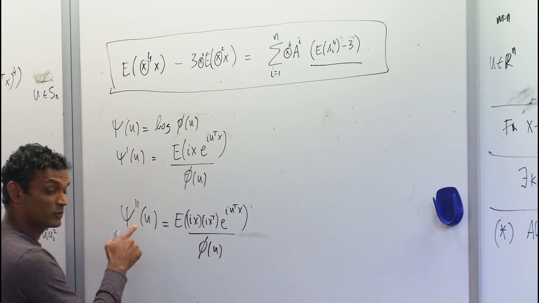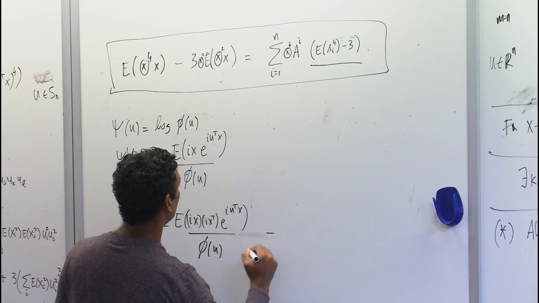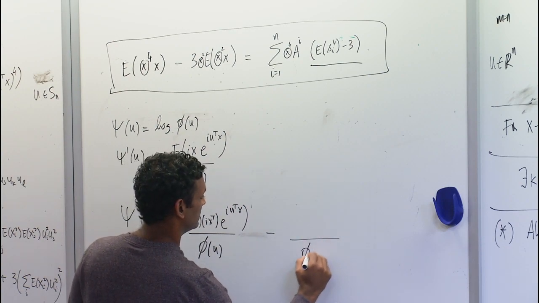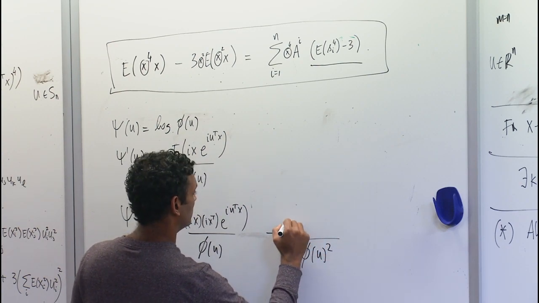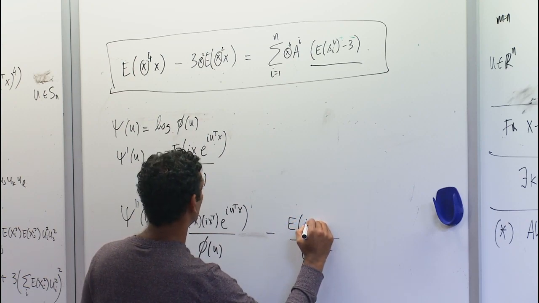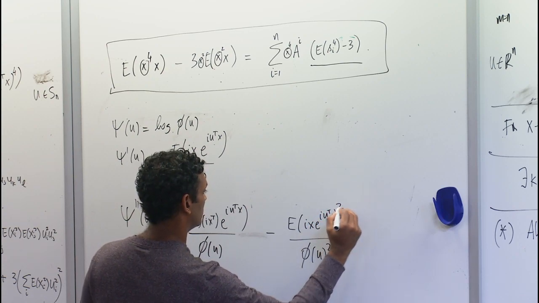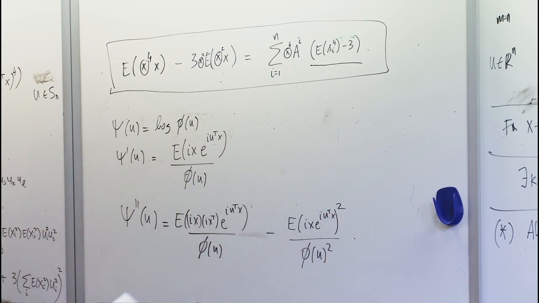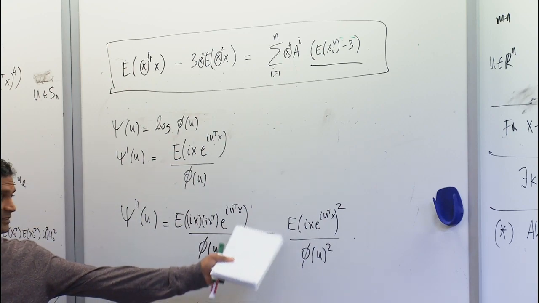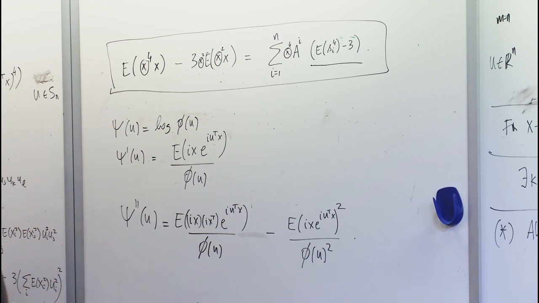The derivative is with respect to u, so the x's don't matter, and then minus. Okay, so this is the second moment minus the first moment squared, which you can rewrite as the covariance.